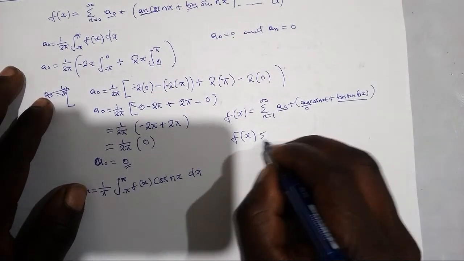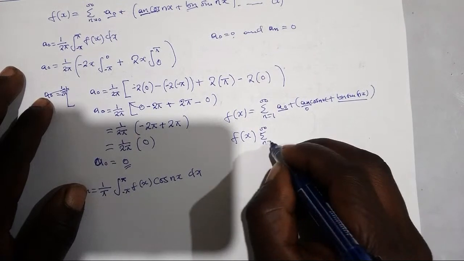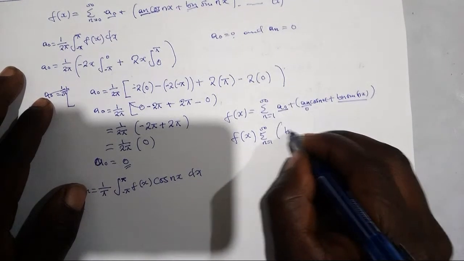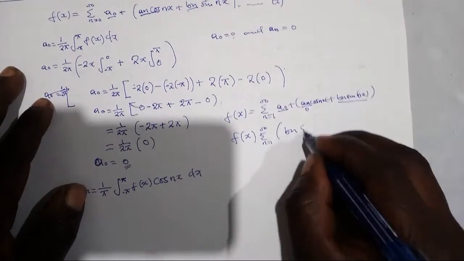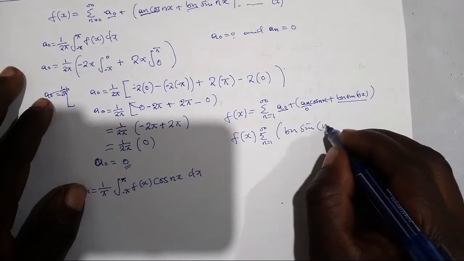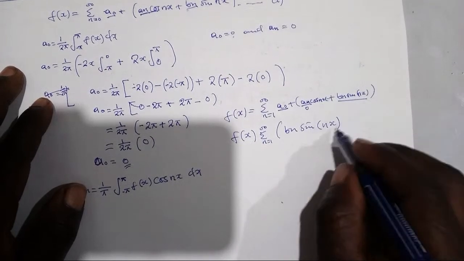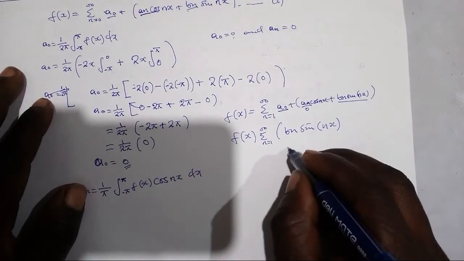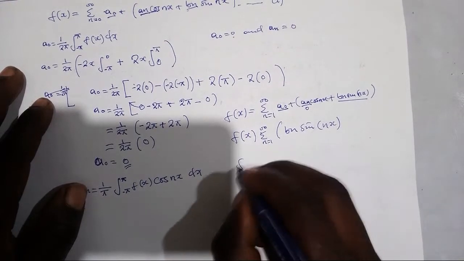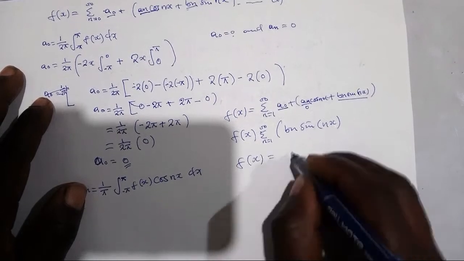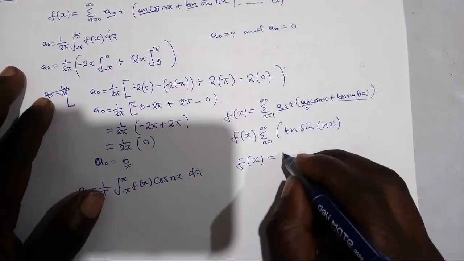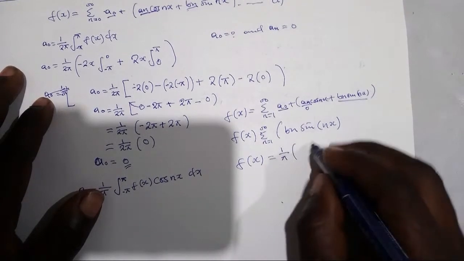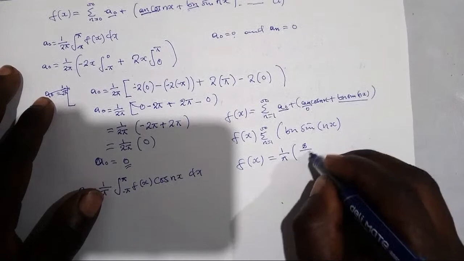So we have infinity of n approaches 1, you're going to have open bracket bn sin nx, and f of x should be equal to, we have found that it is 1 over pi, then open bracket 8 over n.